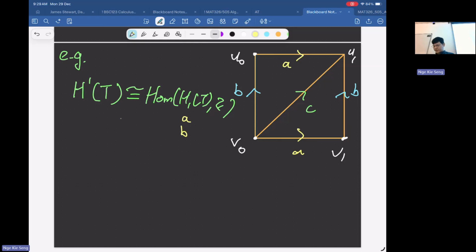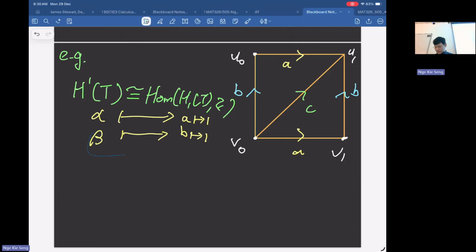Okay, so for this isomorphism, what we're going to do is correspond the one-cochain cycle here to this A, B here, where the map will send A to 1 and B to 1 like that.